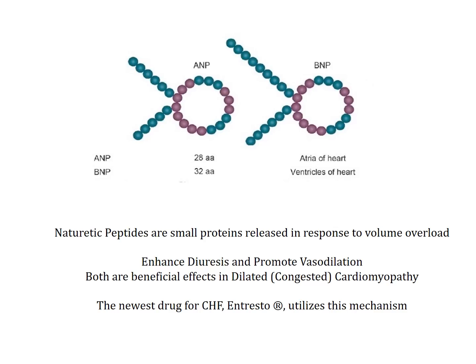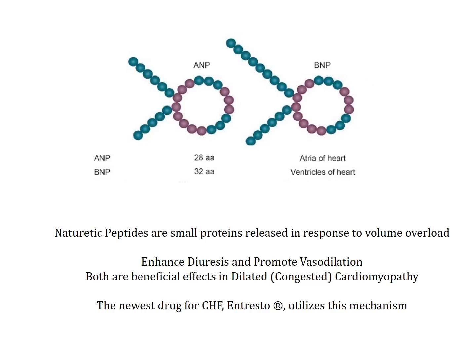Natriuretic peptides, we have ANP from the atria, we have BNP from ventricles and also from brain. And these are small proteins that are released in response to volume overload, and they enhance diuresis and they promote vasodilation.